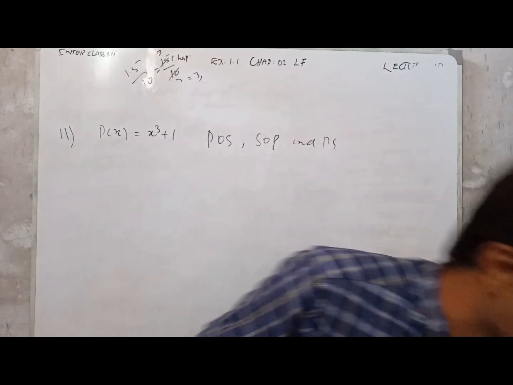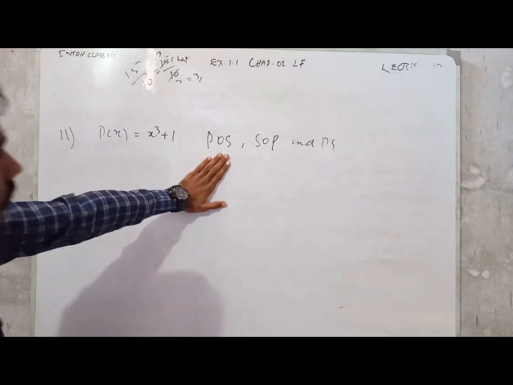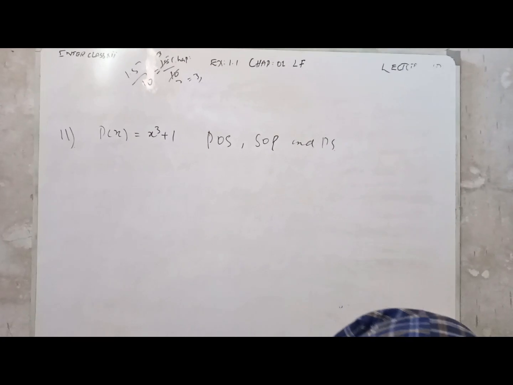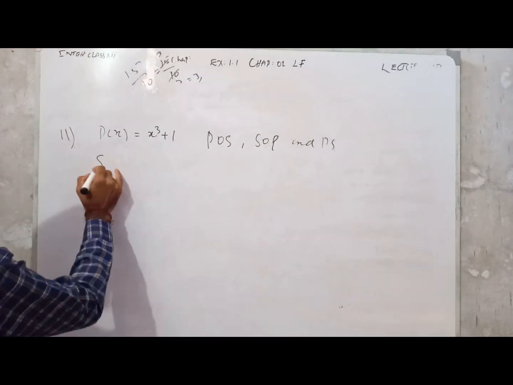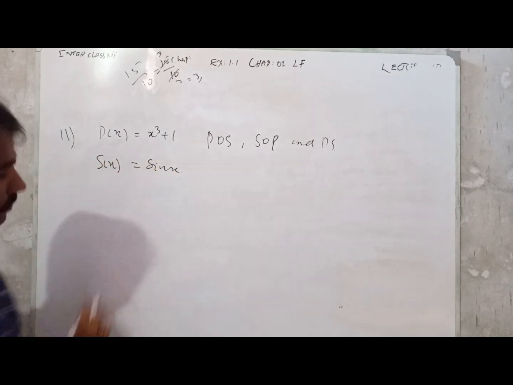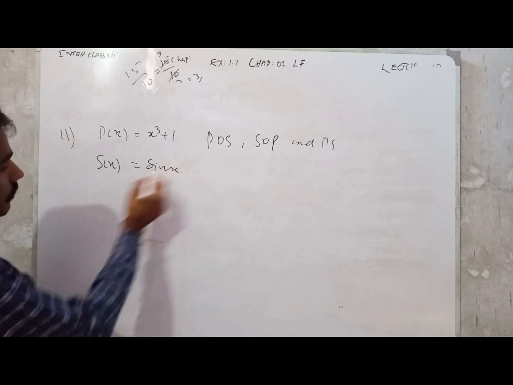So just as we proved in question number 10, you put the p of s. One is the sine function. So we find the p of x.